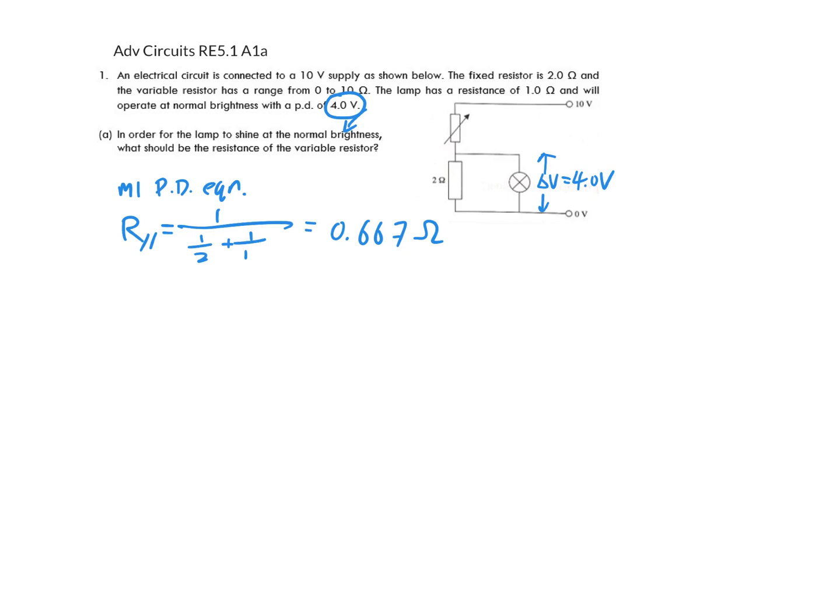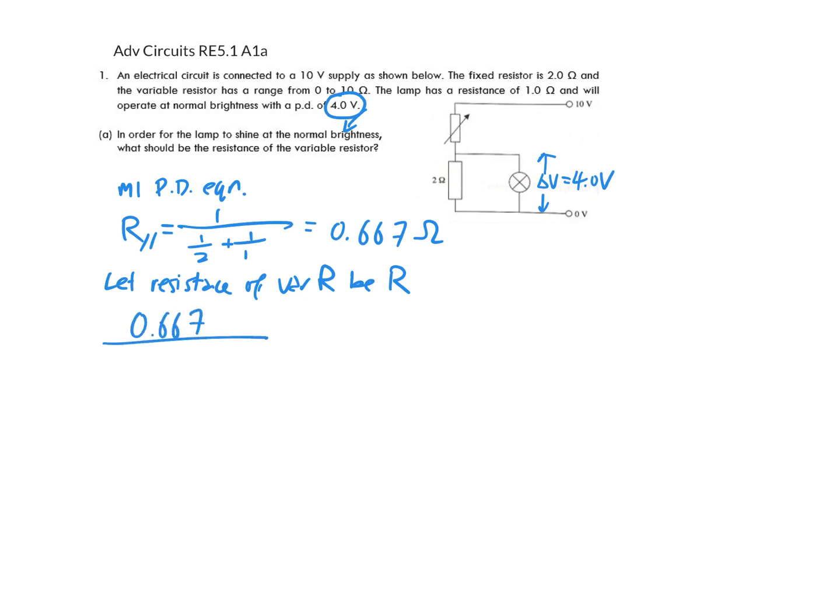Now with this, by using the potential divider equation, let the resistance of the unknown resistor, of the variable resistor, be just R, and we can then use the potential divider equation.